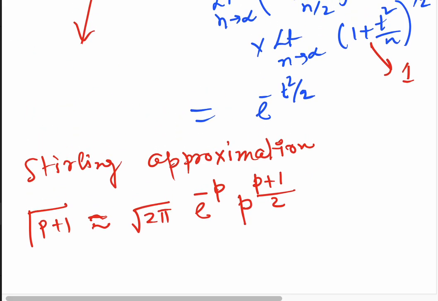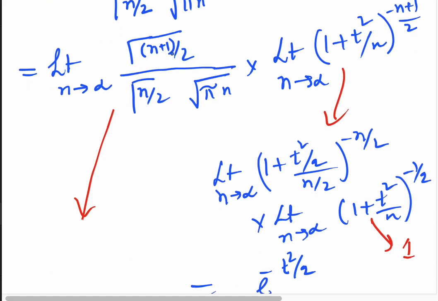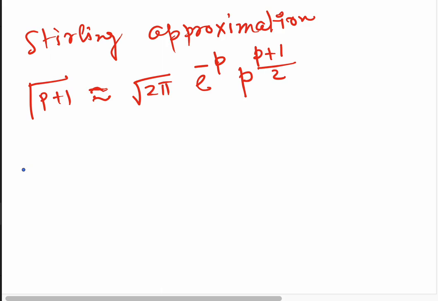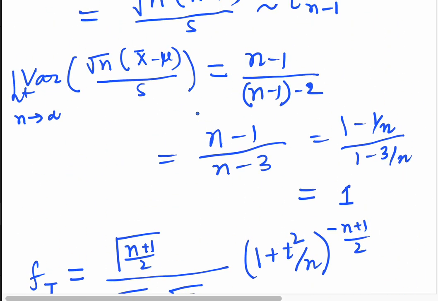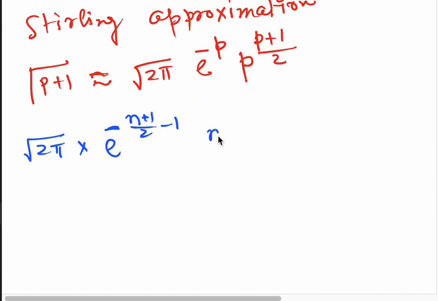So let's put all the things together. The first term is gamma of n plus 1 by 2, so this will be root 2 pi e to the power minus p, times p to the power p plus 1 by 2, with p being n plus half minus 1.